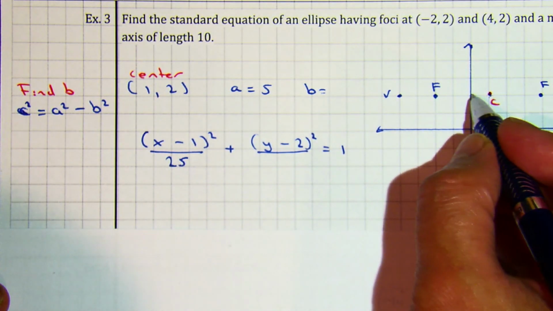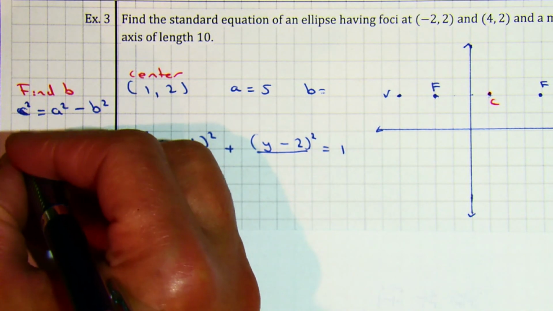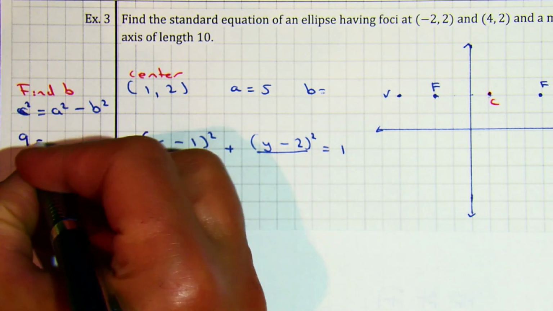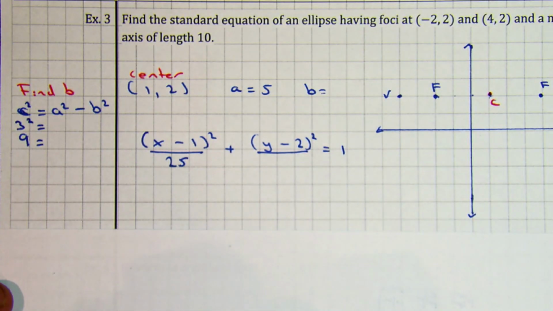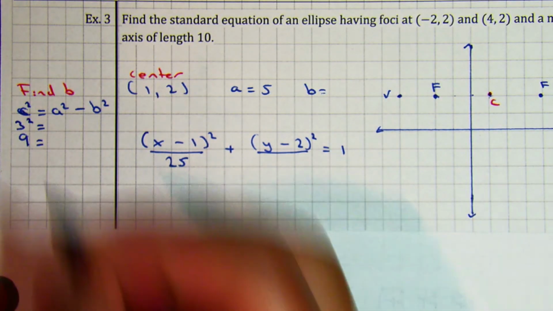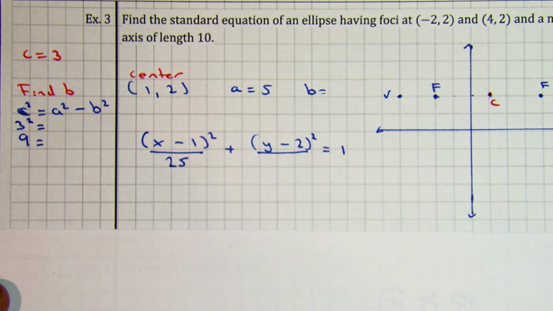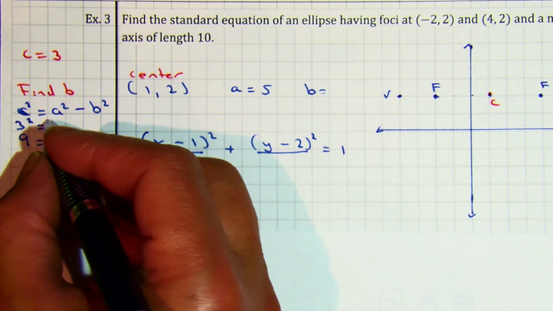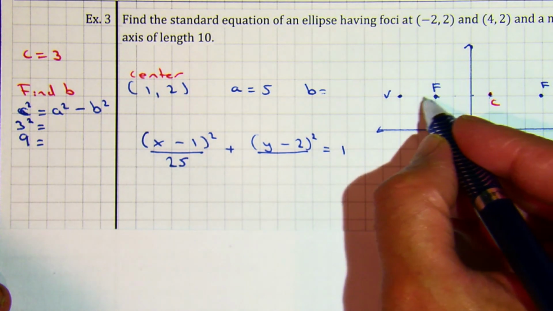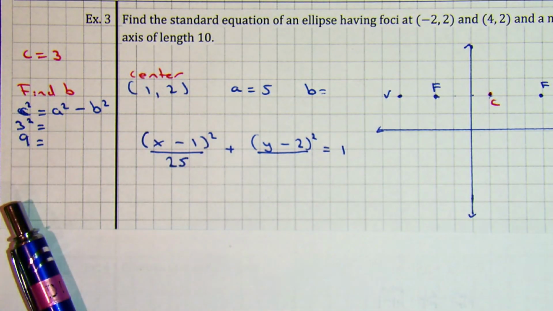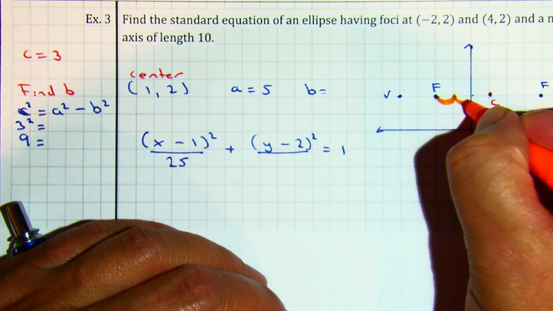So therefore, it'll be 1, 2, 3. 3 squared is 9. So therefore, c equals 3. A is the distance from your center to your vertex, which is 1, 2, 3, 4, 5. And let me go and label it so we can actually have some reference. This is 1, 2, 3.